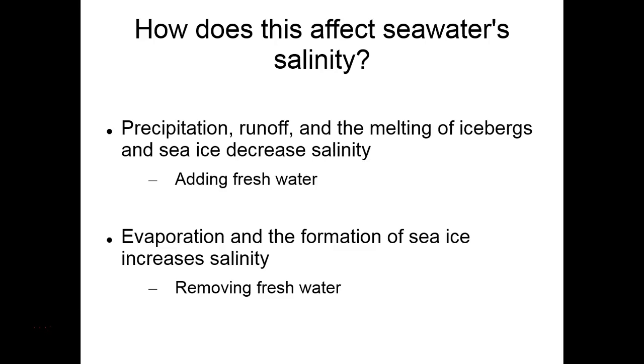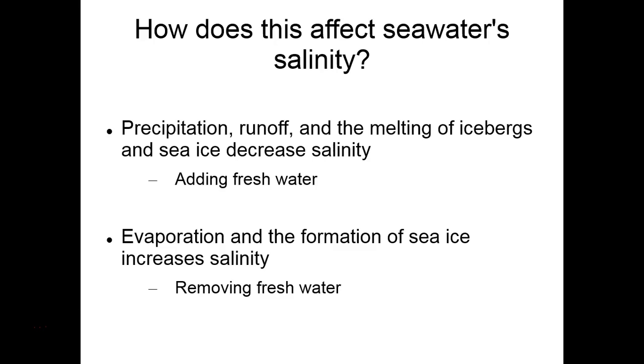The opposite occurs with evaporation, because when water evaporates, the salt is actually left behind. So that's going to increase the salinity, right? Because you're removing fresh water from the ocean and leaving behind salt, so it becomes more concentrated in that area. Additionally, if you have ice forming on the sea, that ice forms and leaves the salt behind, just like with evaporation.